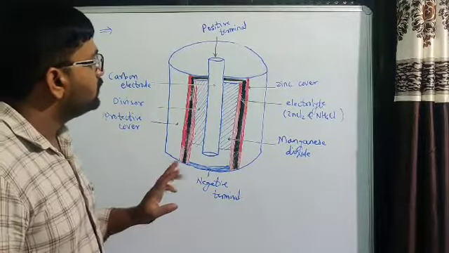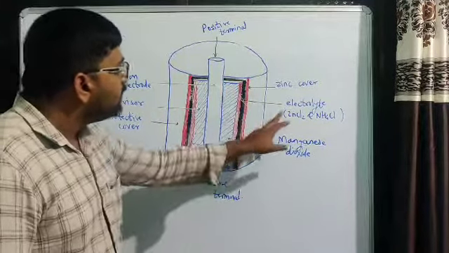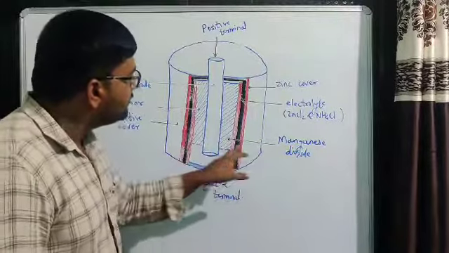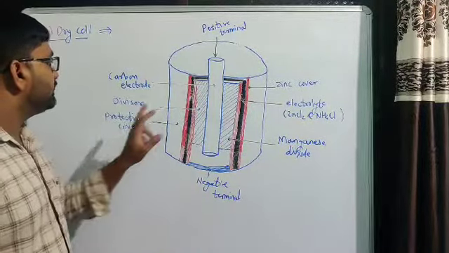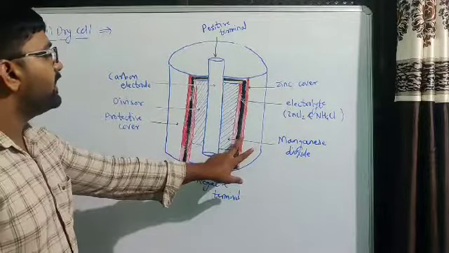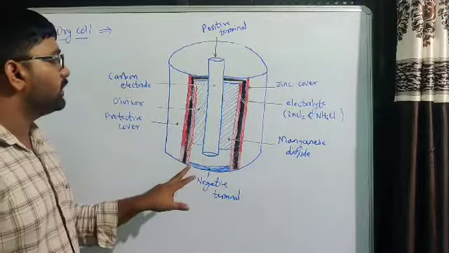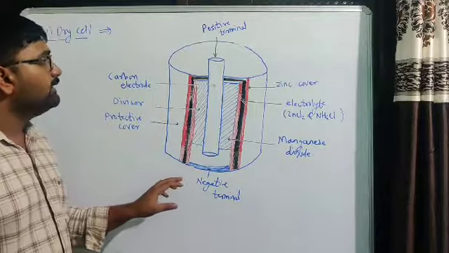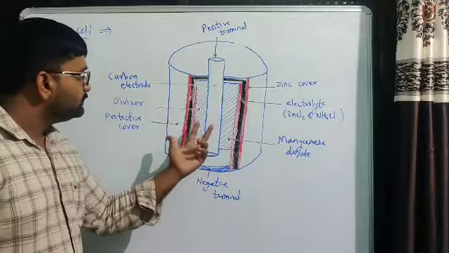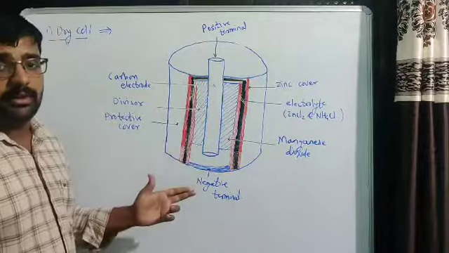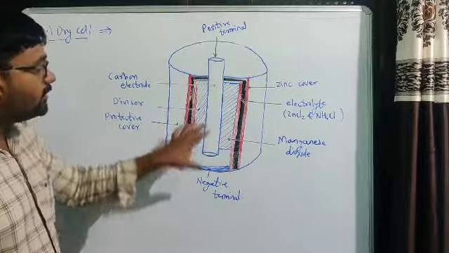Then there is a zinc cover, an electrolyte, manganese dioxide, and the carbon electrode. The manganese dioxide is the divisor, the divisor between this zinc cover and this positive carbon rod.